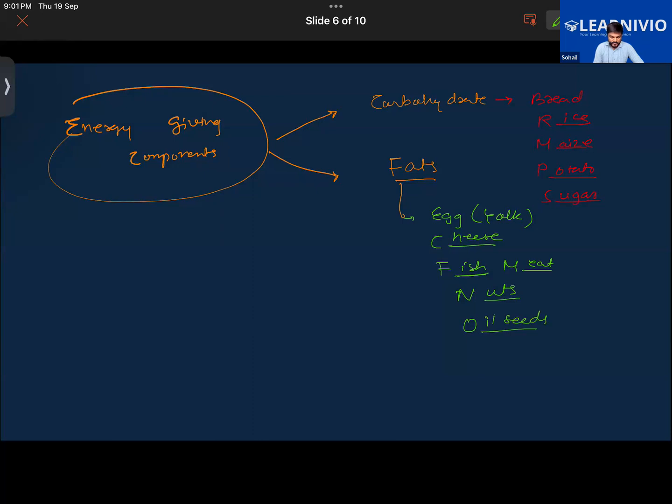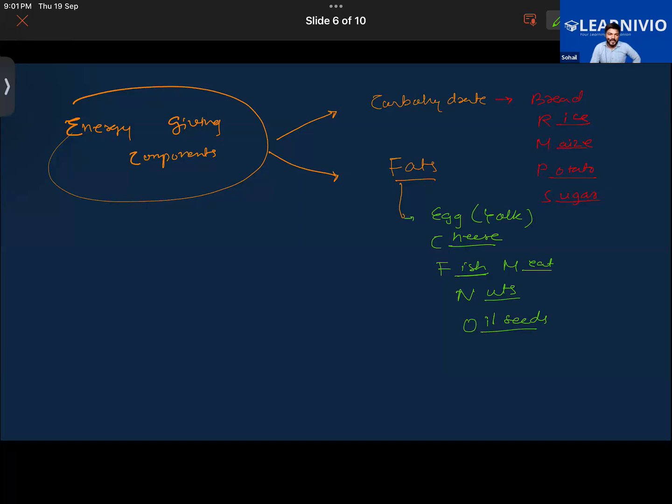Nuts have fats in them, whether it be the peanut or almond, whether it be cashew nut, all of them have fat in it. Getting it, no? So a nut is basically a fruit and it has a good amount of fat in it.